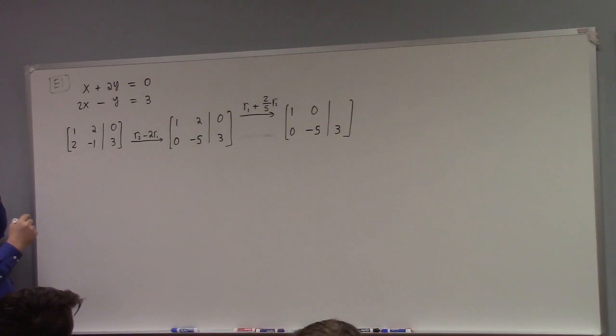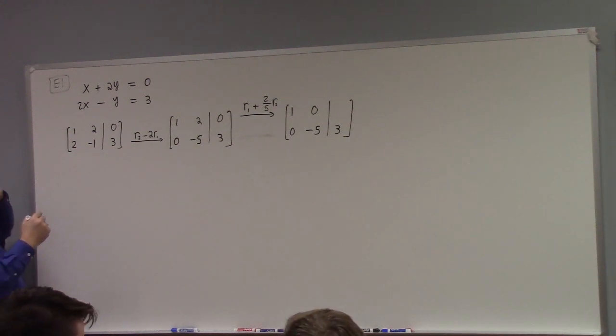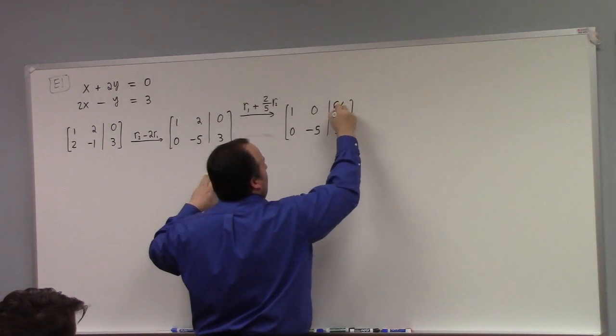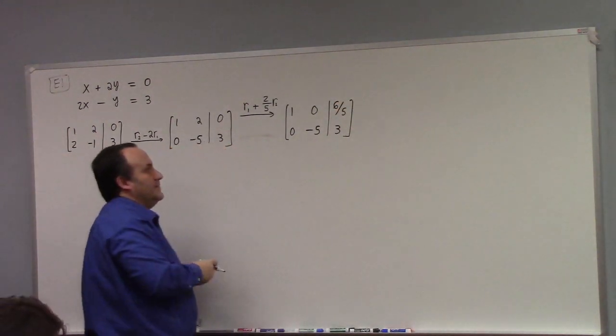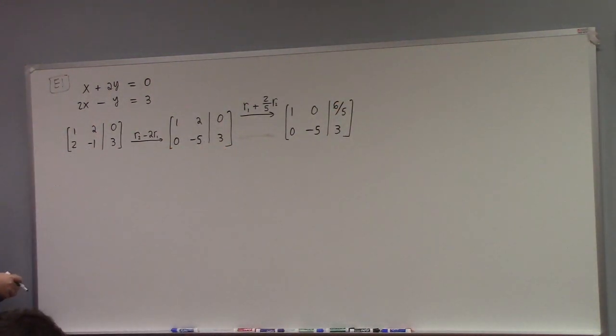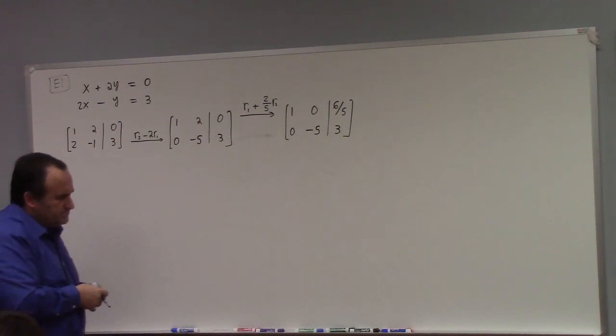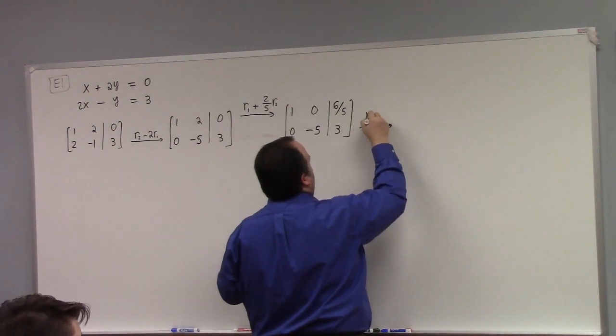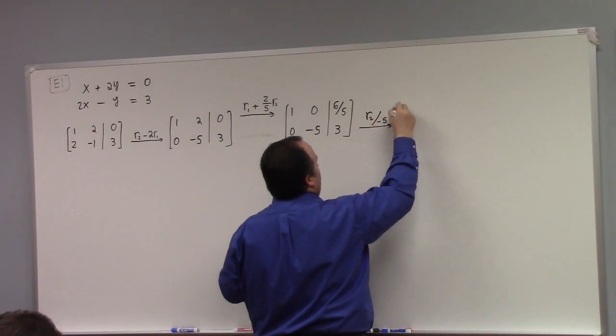We got 0 plus 2/5 of 3. What's 2/5 of 3? 6/5, right? Did I manage to do the arithmetic correctly this time? Are we good? Right. And then one more step here. I'm just going to take row 2 divided by -5.